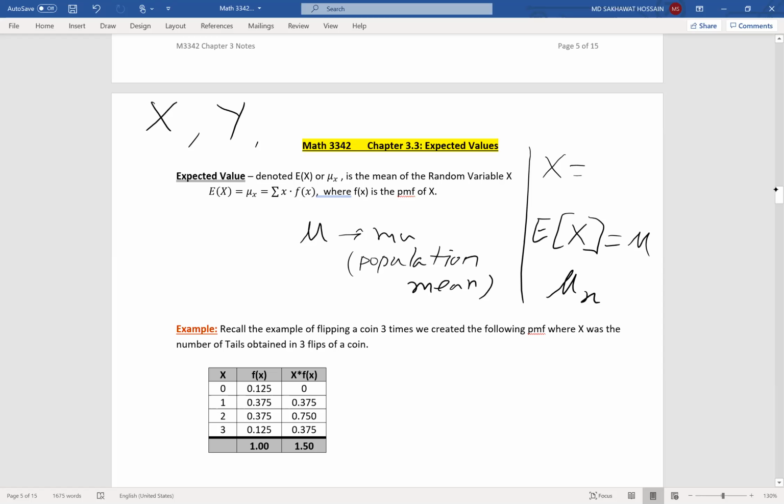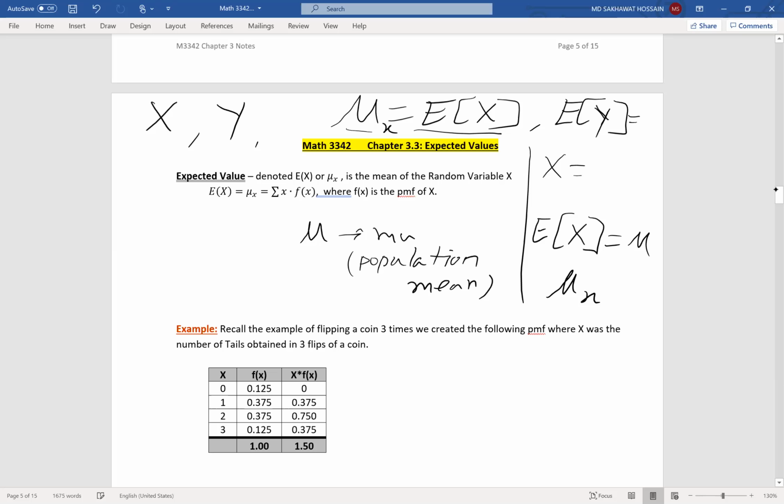So if you have two random variables and you use this notation mu, for example the expected value of x is mu, then what will be the expected value of y? If you also use mu, then it is not correct because we already used mu for the expected value of x. So to differentiate the means of two different random variables, we use this subscript.